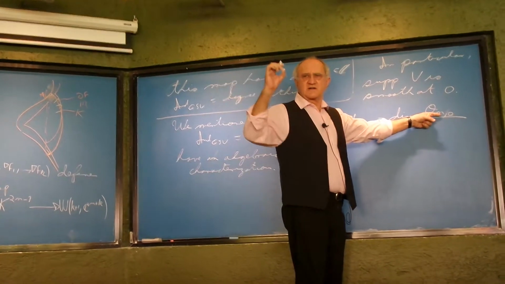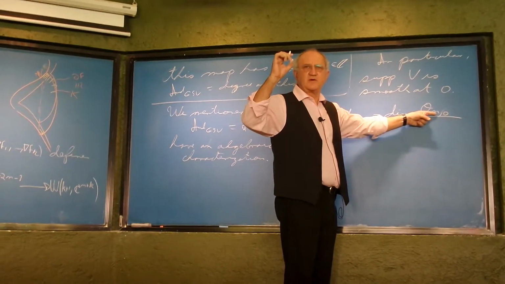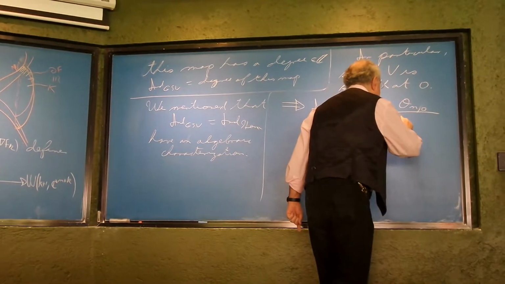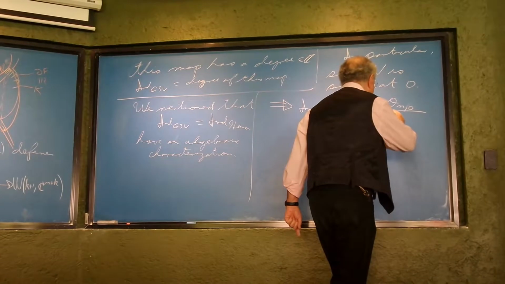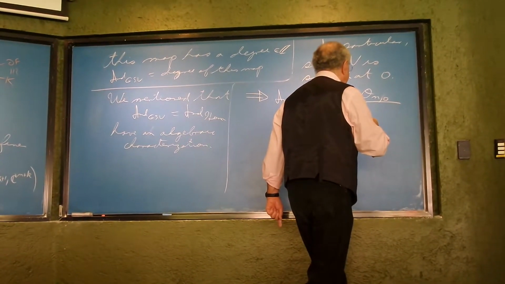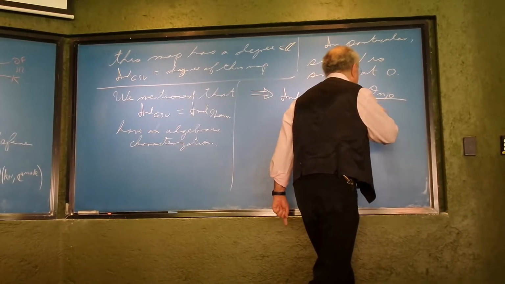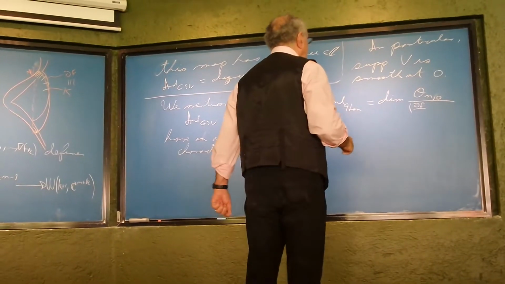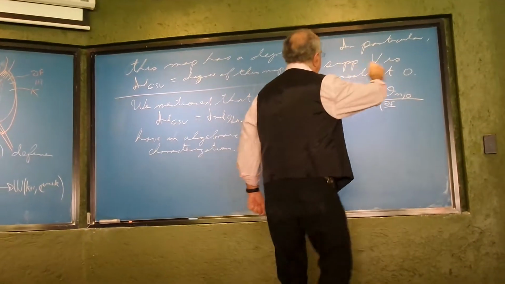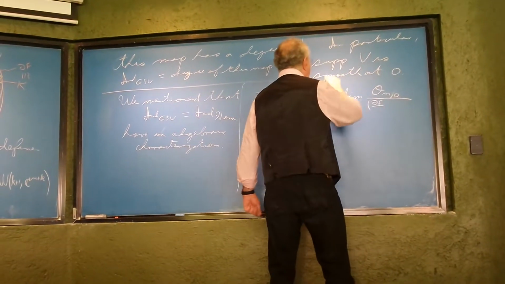Taking a coordinate chart in V around a singular point, we identify that with Cn. Suppose V is smooth and k equals 1.